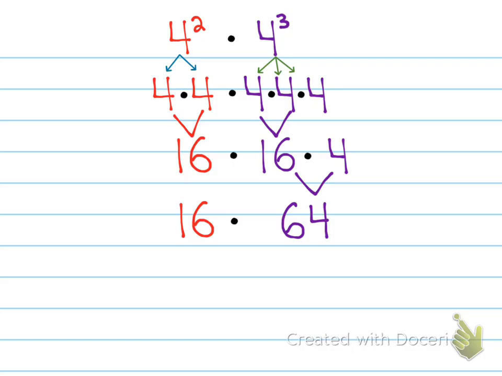I think it's easier to do 16 times 4 than 16 times 16. And lastly, I have to multiply 16 times 64. I'm going to break out my calculator for this one. And 16 times 64 is 1,024. So 4 squared times 4 to the third power is 1,024.